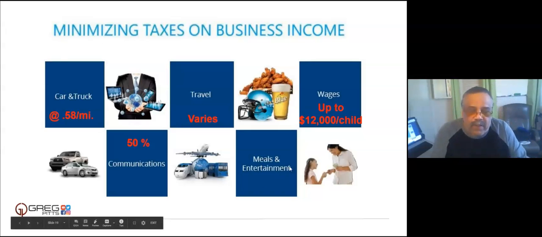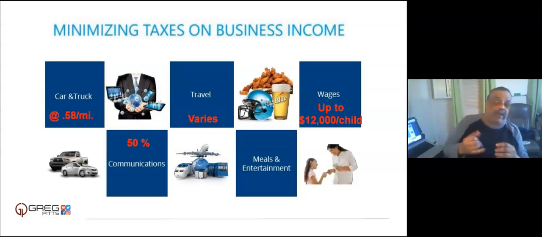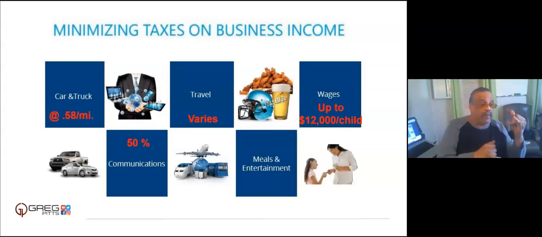Okay, you get 50% off on your communication. Okay, your communication includes your cell phone. That's your cell phone bill. But nowadays, your Zoom is communication. That means Wi-Fi. That means your computer. You get 50% off on communication.